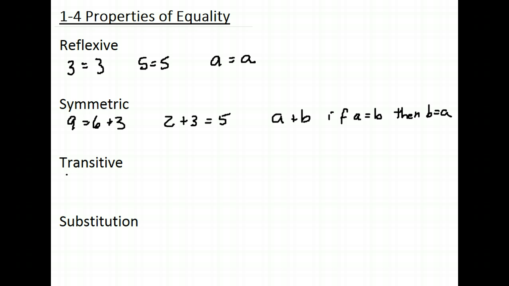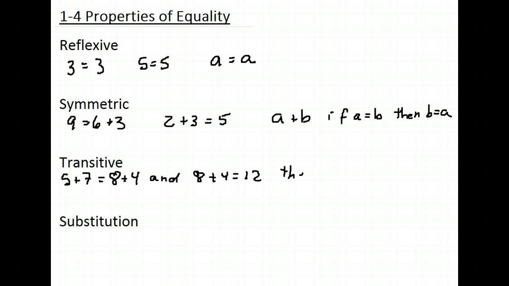So if we have 5 plus 7 is equal to 8 plus 4, and 8 plus 4 is equal to 12. So 8 plus 4 is equal to 12.